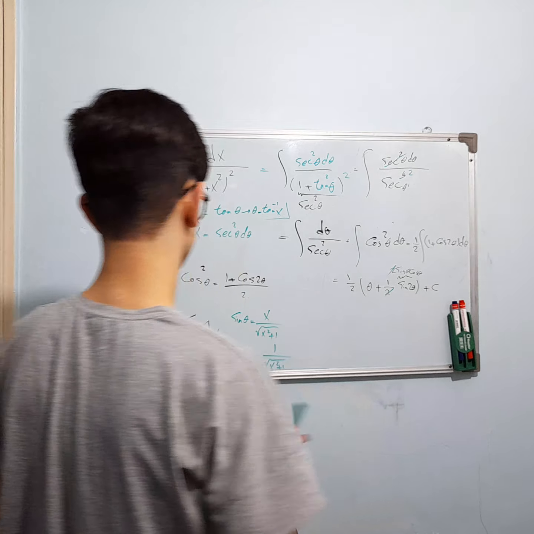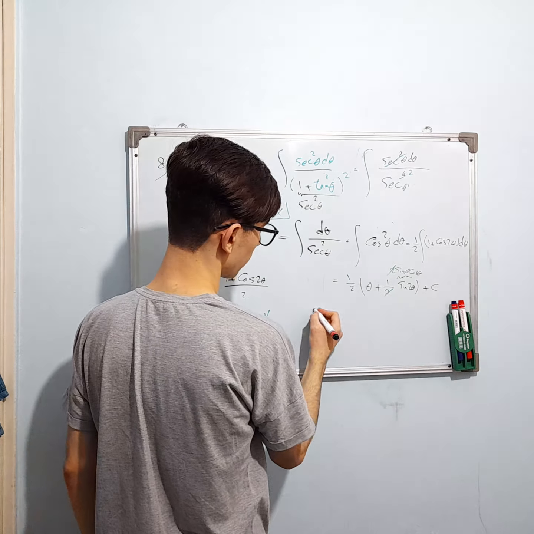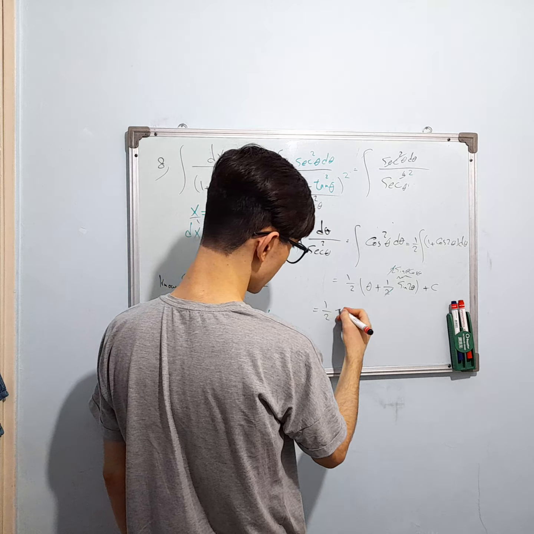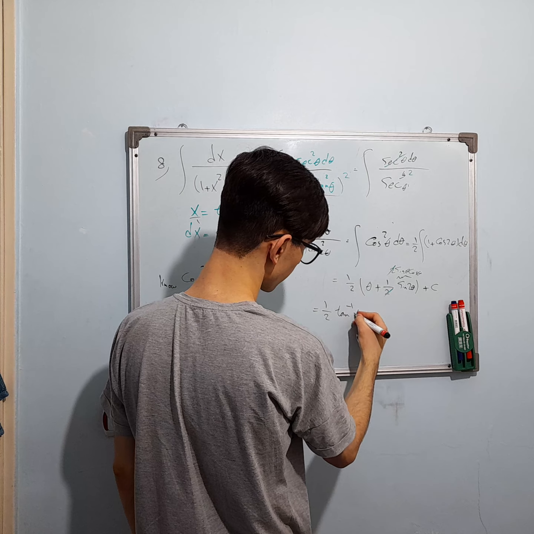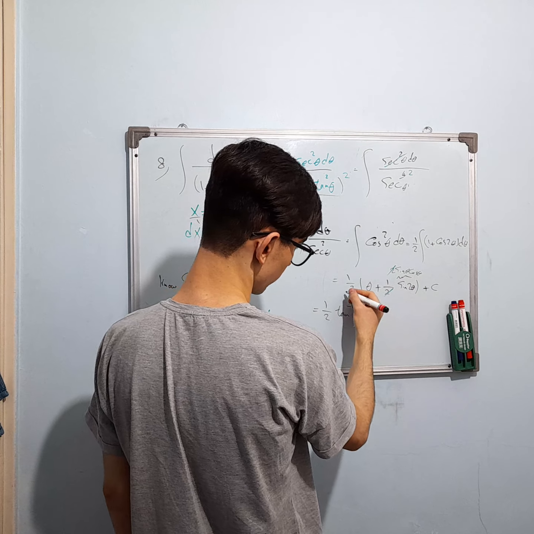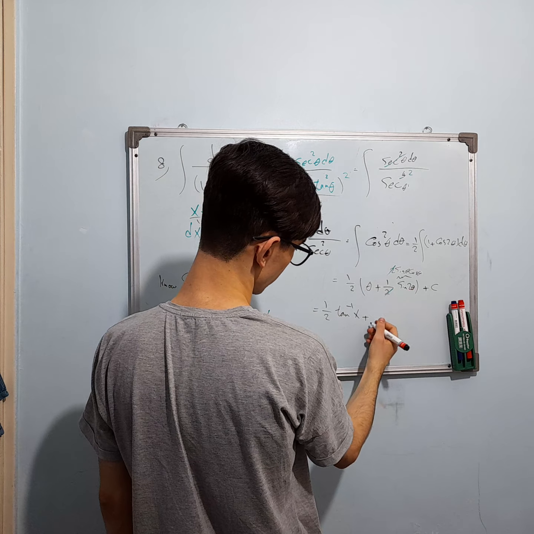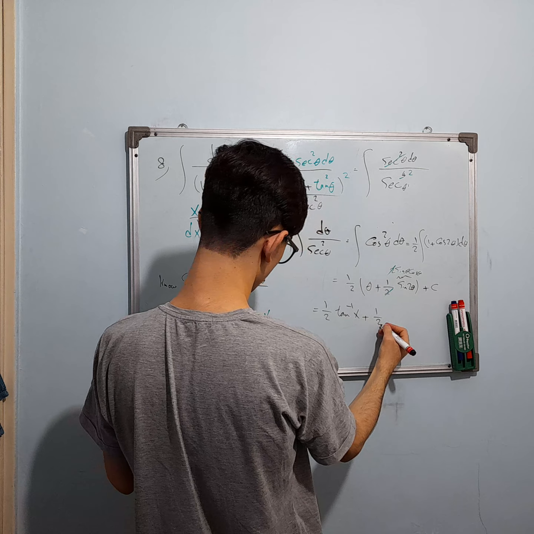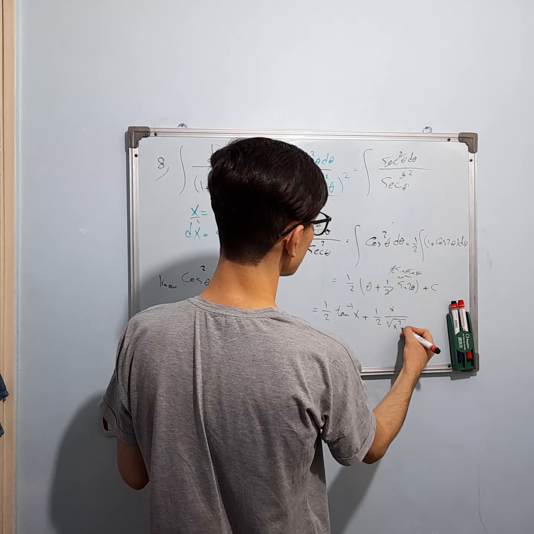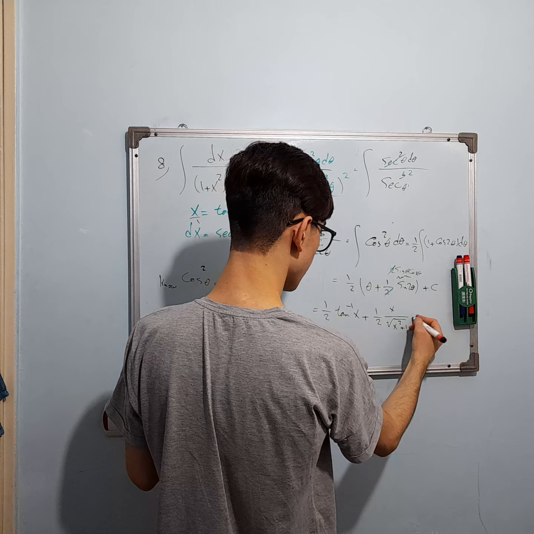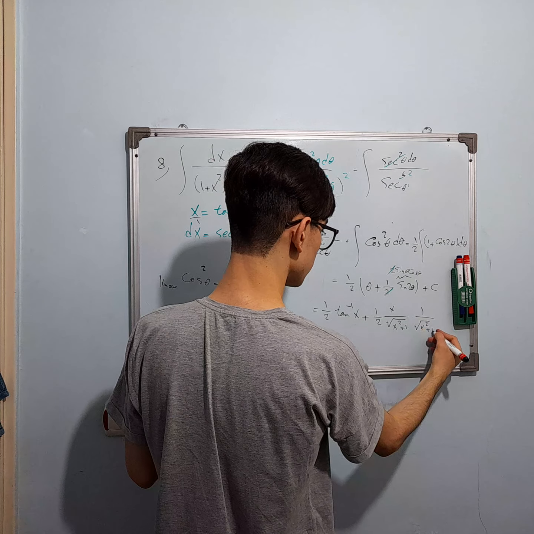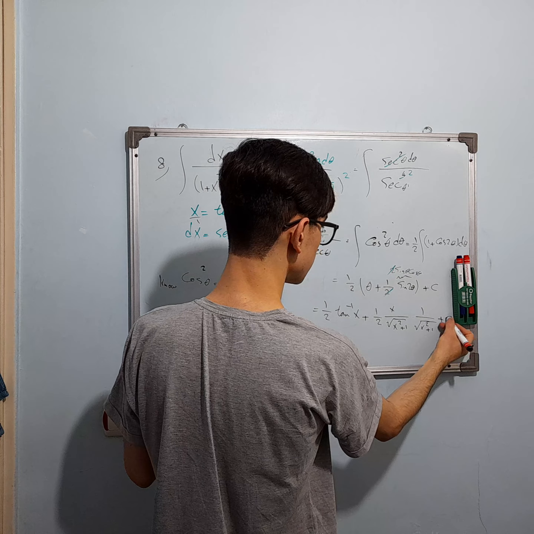So it's almost done. Now 1/2 theta, what is theta? Inverse tangent of x, plus 1/2 sine theta cosine theta: x over square root of x squared plus 1 times 1 over square root of x squared plus 1, plus c.